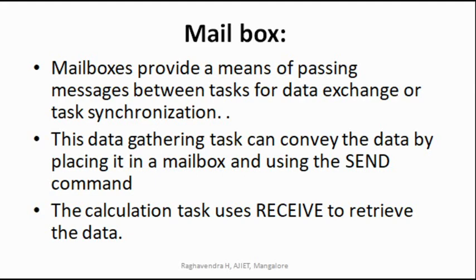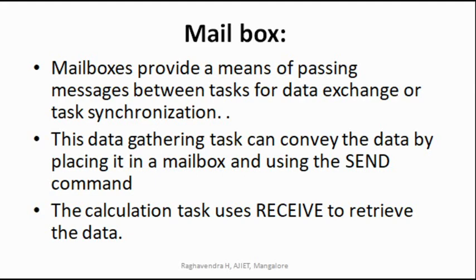If the calculation task consumes data faster than the gather procedure produces it, the tasks need to be synchronized so that only new data is operated on by the calculation task. It means when you are pressing 3, you have still not removed your hand from the number 3, right?